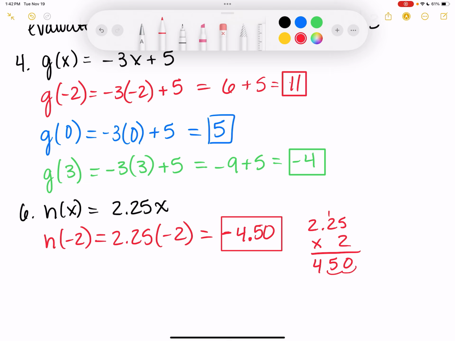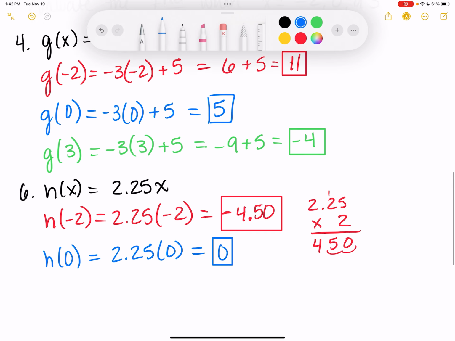You don't have to. All right, the next one is plugging in 0. So h of 0 equals, we're putting in 0 for x, so 2.25 times 0 is what? 0. And lastly, we're plugging in 3, so h of 3 equals 2.25 times 3.